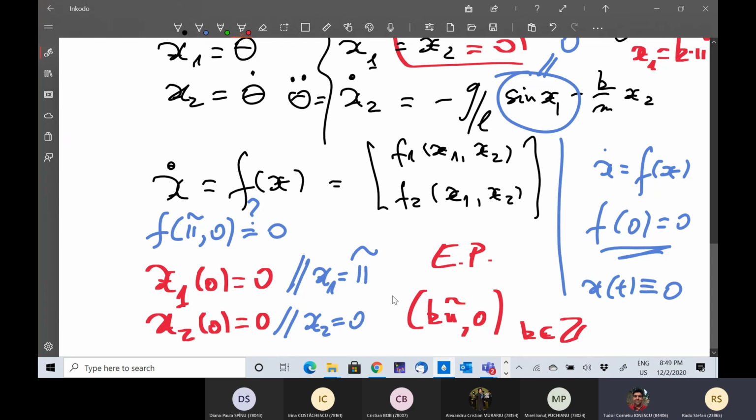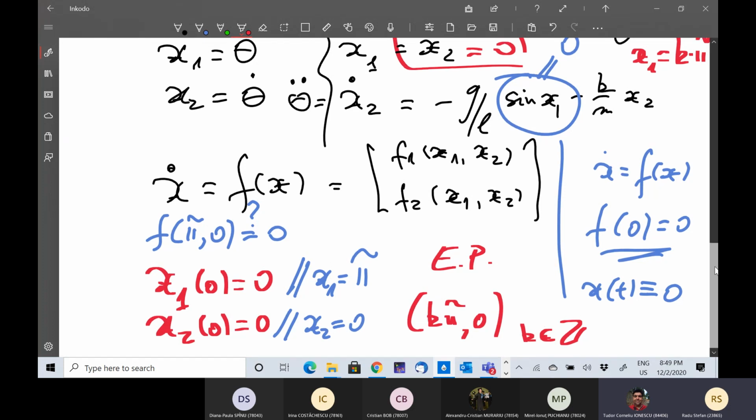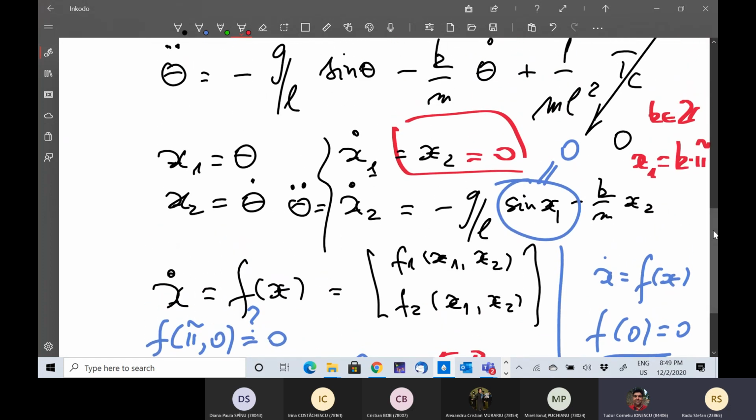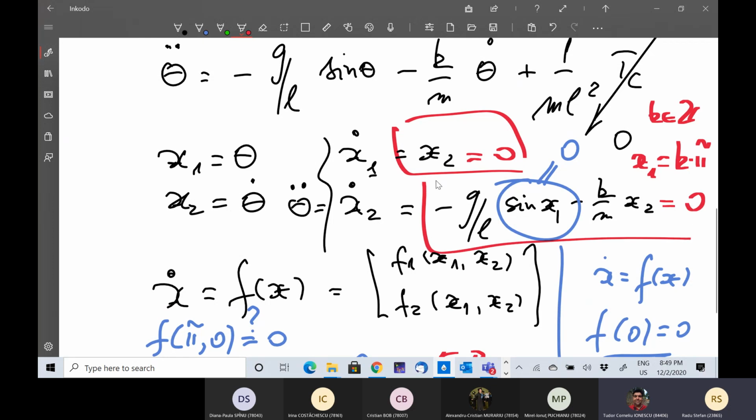We have computed them here. And now, please use the stability theorem in first approximation to decide which of these equilibrium points are stable and which of them are unstable.